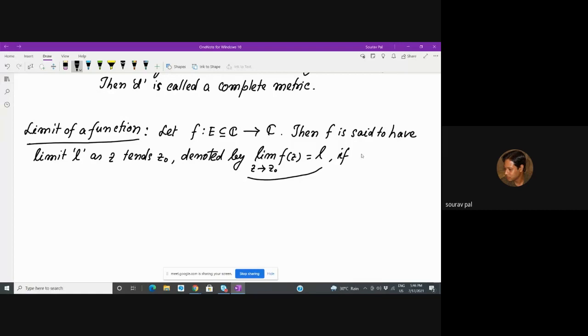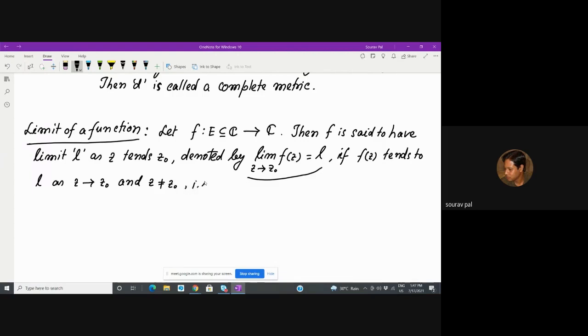f(z) tends to L as z tends to z naught and z is not equal to z naught.